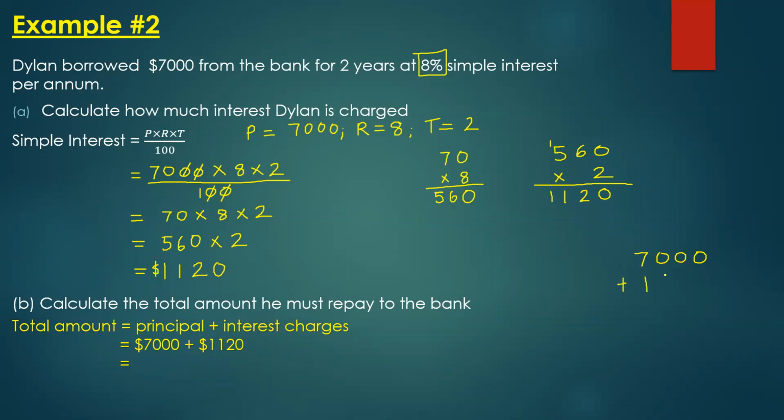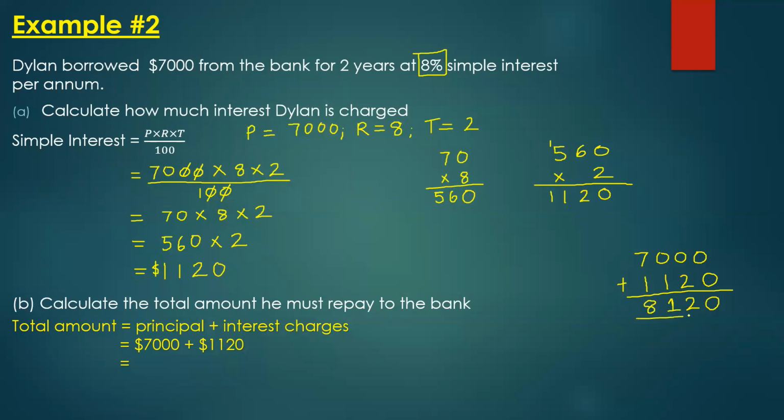So 1,120. 0 plus 0 is definitely 0. 0 plus 2 is 2. 0 plus 1 is 1. And 7 plus 1 is 8.